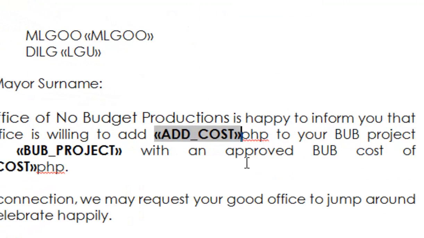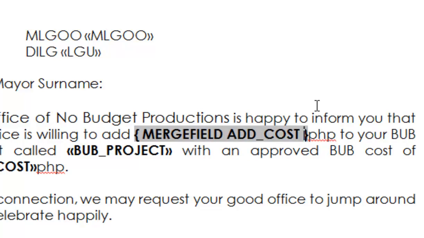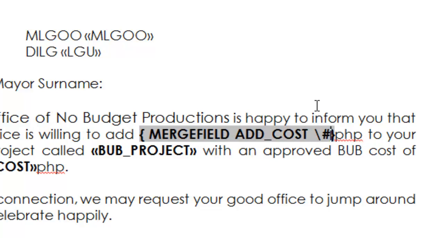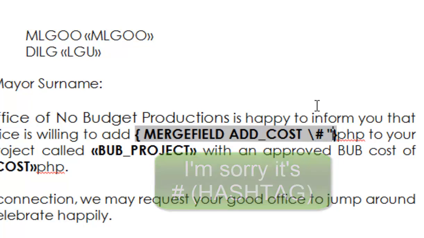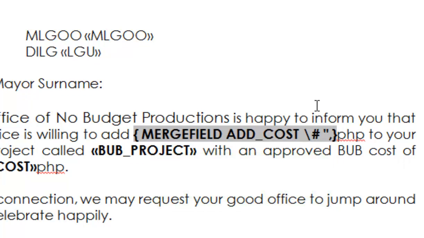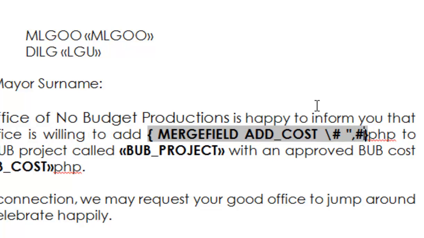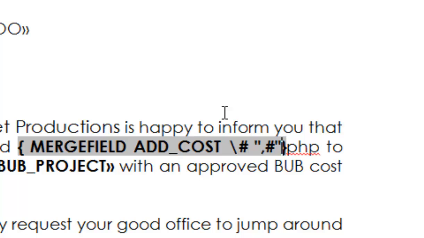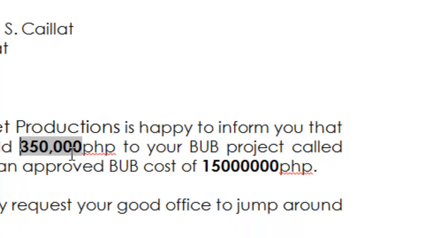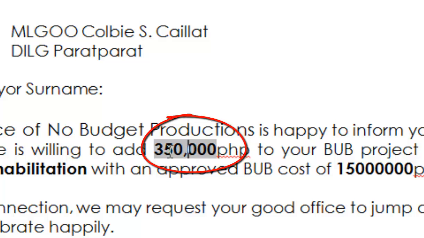What we're going to do is again Shift F9 and then \#. If it's a number, it's going to be backslash, asterisk, and then you have to put double quotes, comma, hashtag, and then closing double quotes. If you preview results, that's a comma. There's a comma in the number.